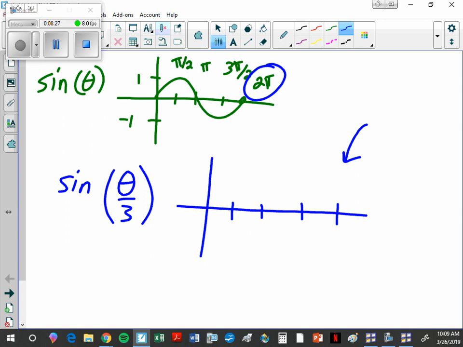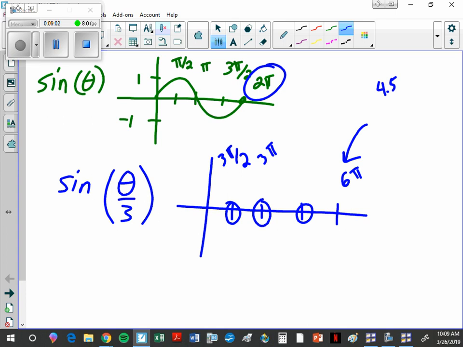So in this particular case, the end of the first period would be 6 pi, which means the halfway mark is going to be 3 pi, and this one is going to be 1½ pi, which we call 3 pi over 2. And then this one is going to be halfway between 3 and 6, which is 4.5.